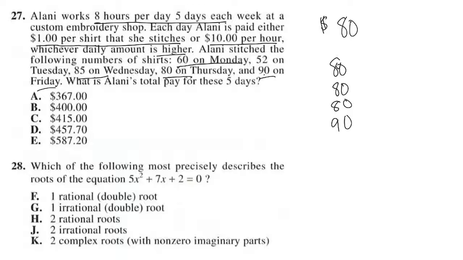So let's see, it looks like I skipped one, didn't I? 85. She's going to want that 85. So now we have the same amount. So let's go ahead and add all those up, and let's see, we're going to have a 5 there. So that looks like it's going to get rid of everything but answer choice C. All right, and notice I didn't even finish that. And of course, if there hadn't been a 5 there, I would need to, but obviously there's no reason to.